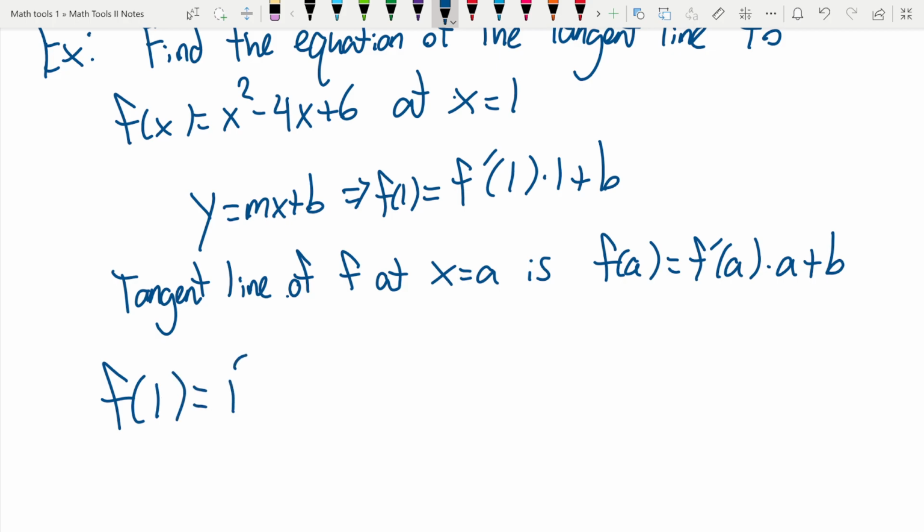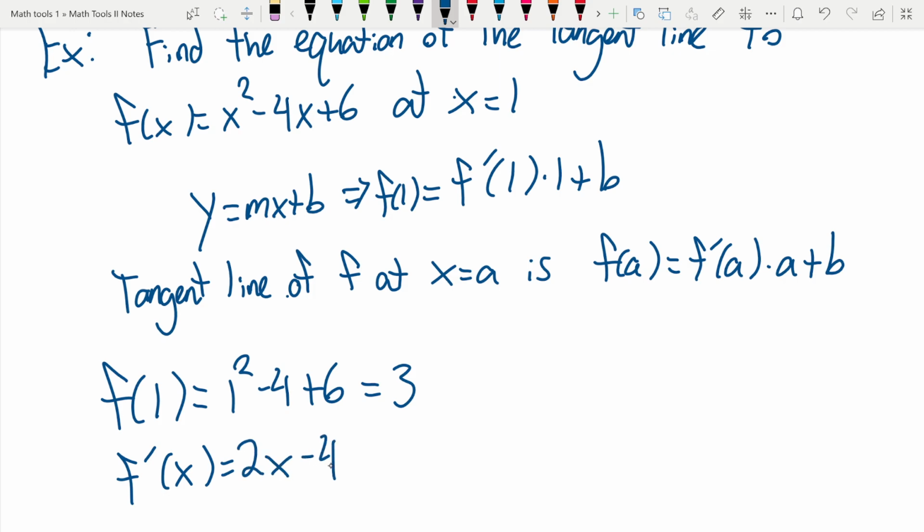F of 1 is 1 squared minus 4 plus 6. So 1 minus 4 is negative 3 plus 6 is 3. And then f prime of x equals 2x minus 4. So here we're using the power rule, right? So the derivative of x squared is 2x.